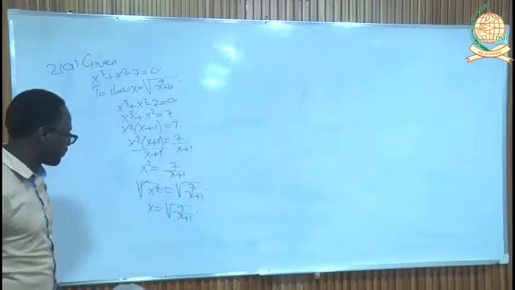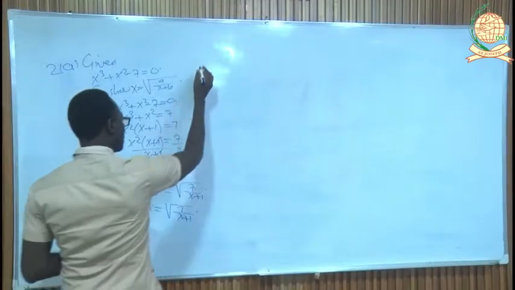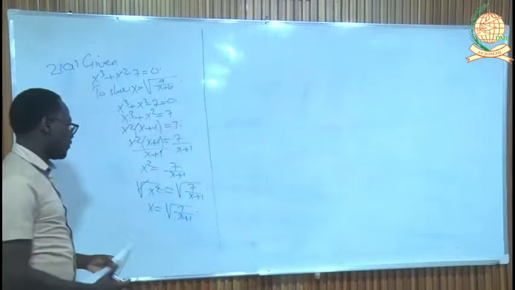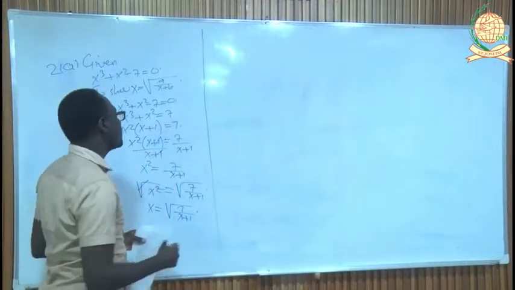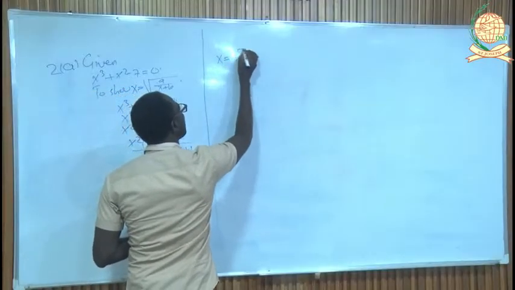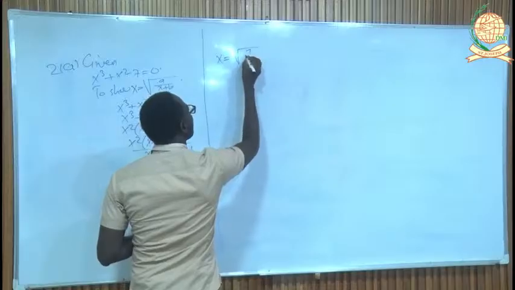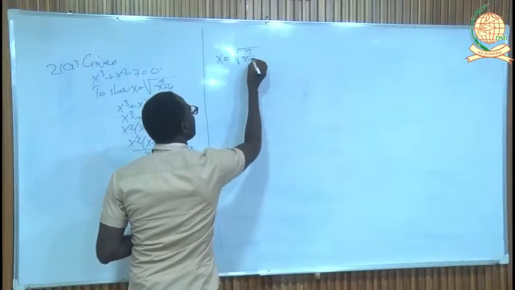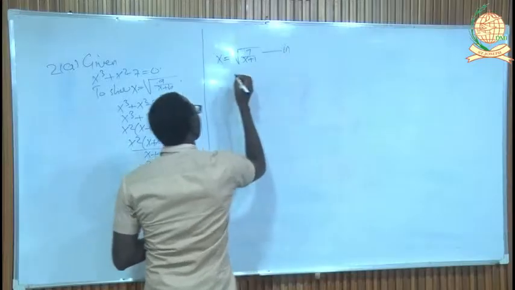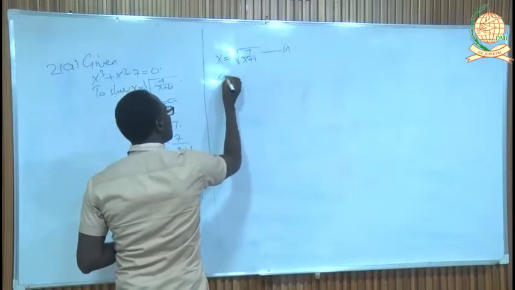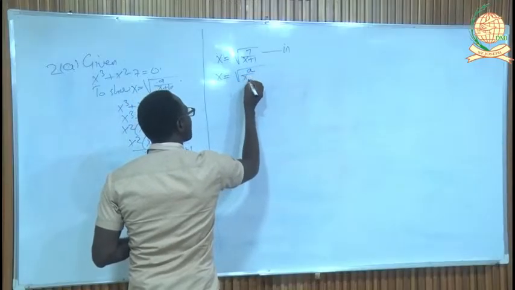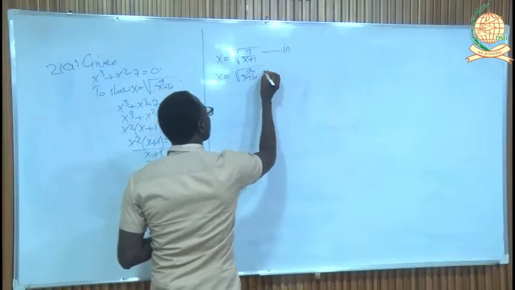Now to get the value of a and b, we compare. We have x equals the radical of 7 over x plus 1. Say this is equation number 1. Also, the original one, x is equal to the root of a over x plus b. Say this is equation number 2.